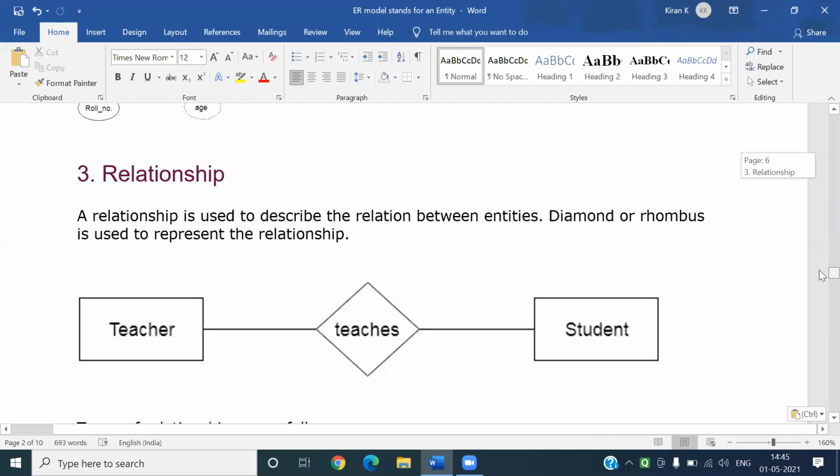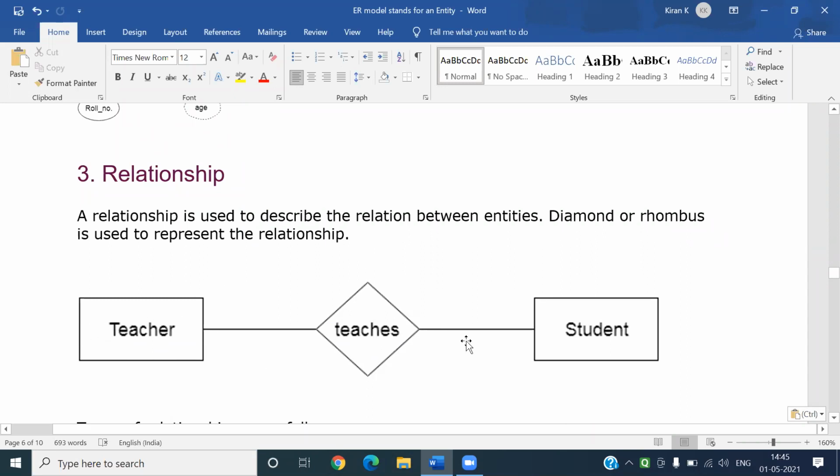Relationship. One to one. A relationship is used to describe the relation between entities. Between entities, a diamond or rhombus shape is used to represent the relationship.